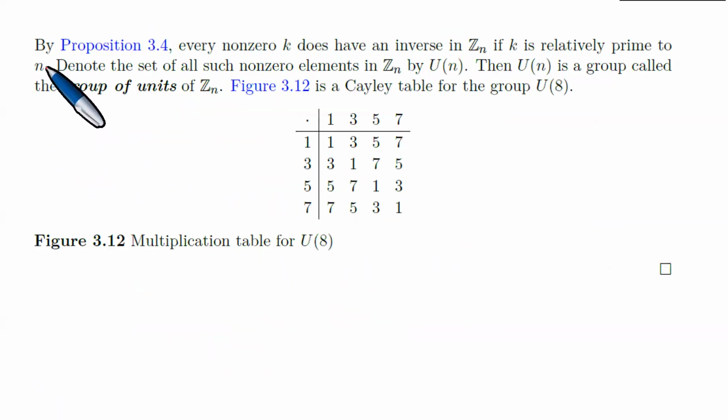Let us now mention proposition 3.4. Every non-zero k does have an inverse in Zn.